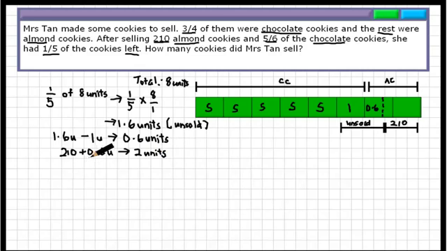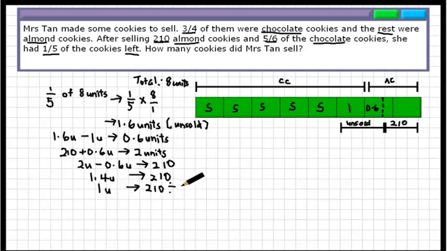That means 2 units minus 0.6 unit equals 210. So 1.4 units equals 210. Therefore 1 unit equals 210 divided by 1.4, and this would give us 150 cookies.